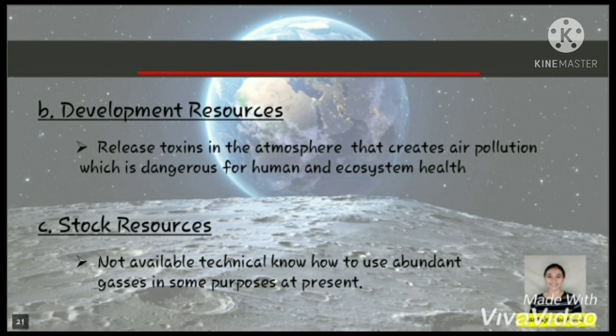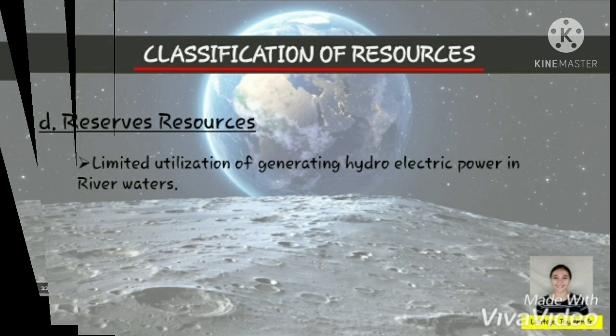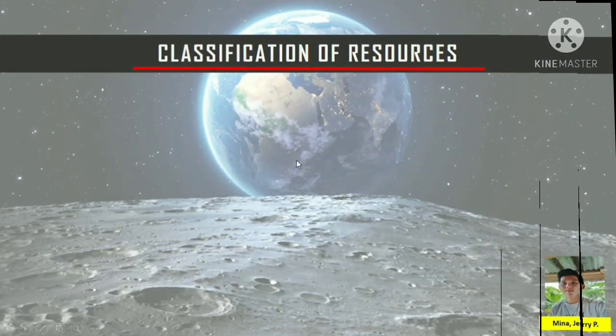And C is stock resources: not available technical know-how to use abundant gases for some purposes at present. And D, reserves resources: limited utilization of generating hydroelectric power in river waters.